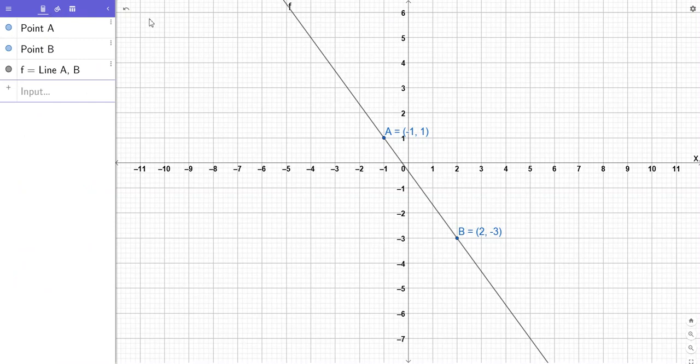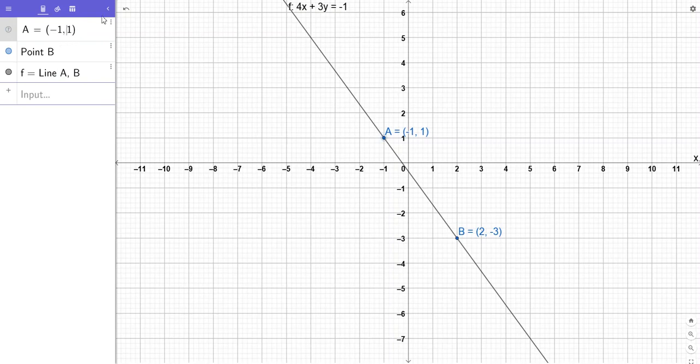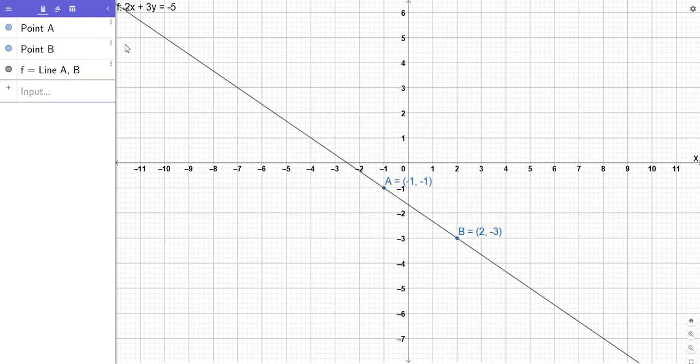This is the first graph. You can see it represents the graph of 2x plus 3y is equal to -5. So we have obtained the graph of the first one.